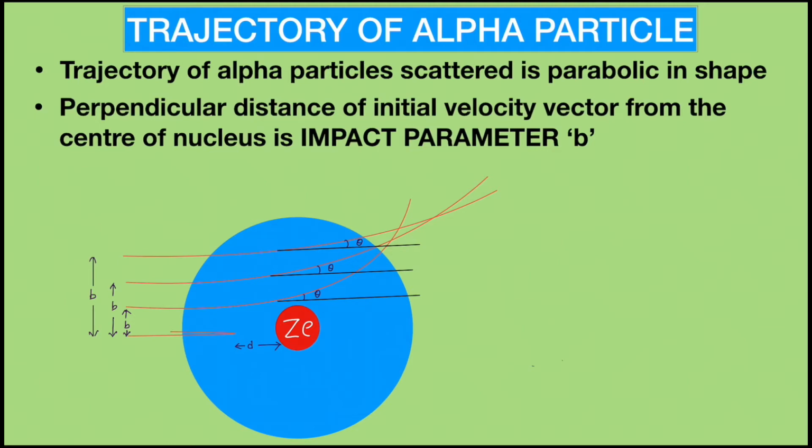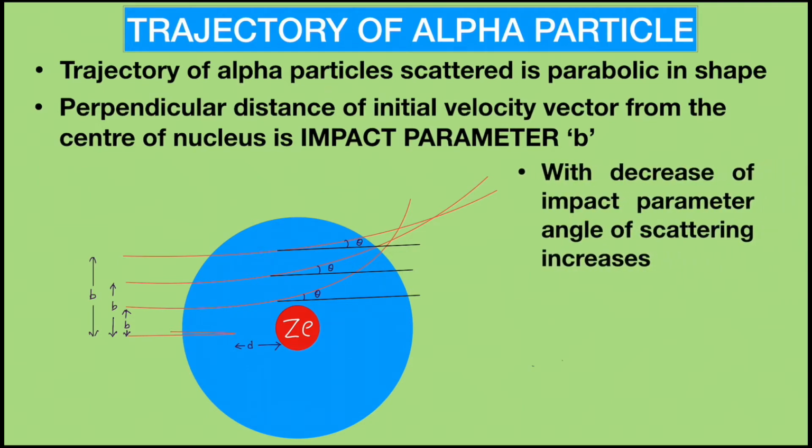The perpendicular distance of the initial velocity vector from the center of the nucleus is termed as impact parameter. With decrease of impact parameter, the angle of scattering increases. That is also very clear from the diagram. For small values of b, the angle of scattering is comparatively large. One more distance is marked here and it is for the particle which is falling on the nucleus, for b equal to 0.